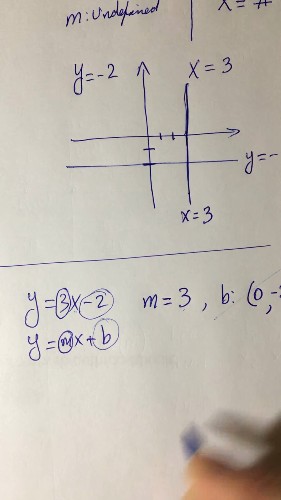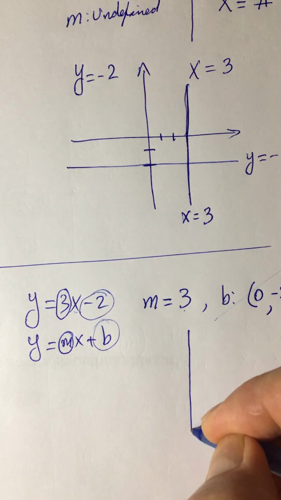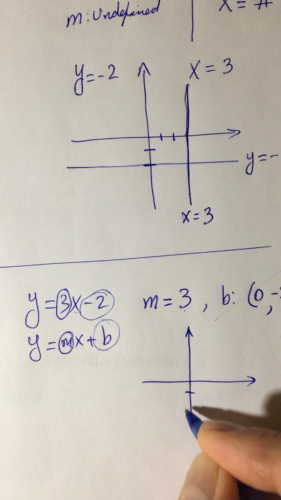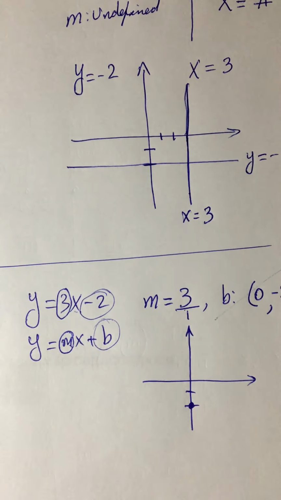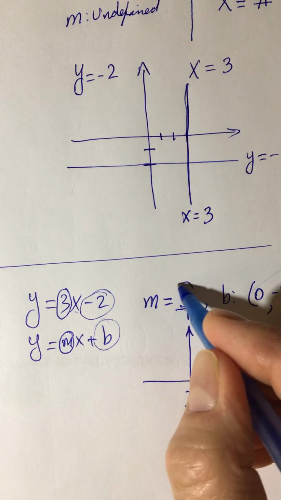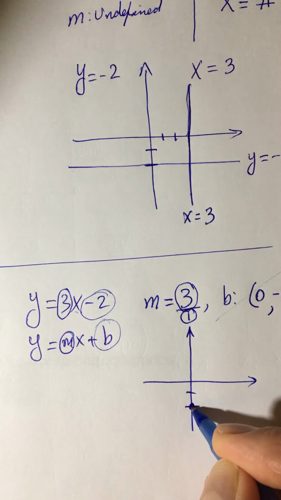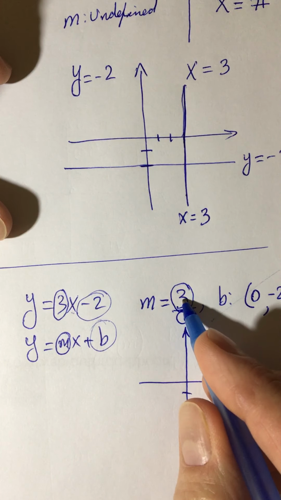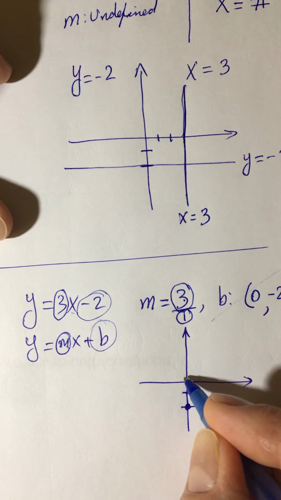So there you go. So how do we graph it knowing these two quantities? You start with your y-intercept, 0 and negative 2. And then if I say the slope is 3 over 1, then the rise is 3, the run is 1. So always, from your y-intercept, you do the rise. So how many units? If it's positive, you go up. So 1, 2, 3.